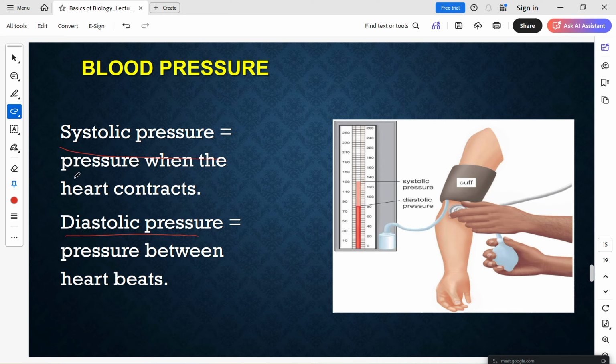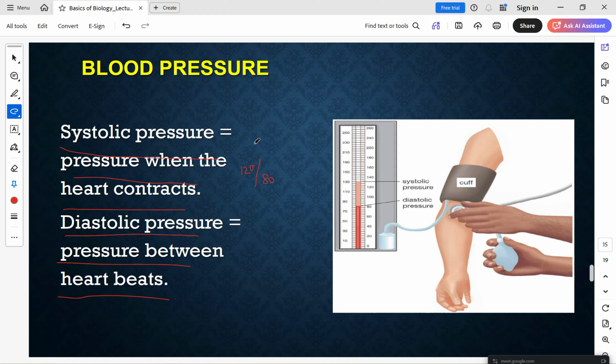The systolic pressure is the pressure when the heart contracts, and diastolic pressure is the low pressure in between heartbeats. So when there is contraction, the blood is flowing at a very high rate. The normal value for that is around 120 mm of mercury. Diastolic pressure, since it's between heartbeats, is not as high, it's around 80.